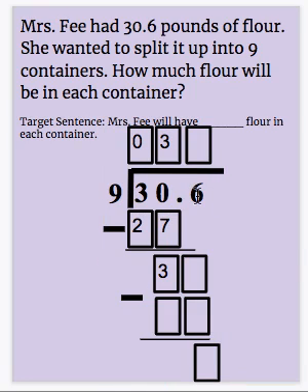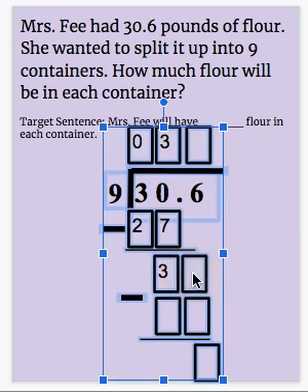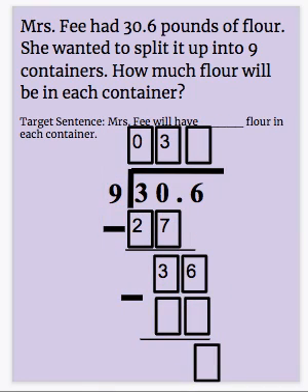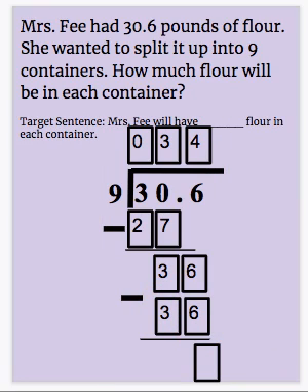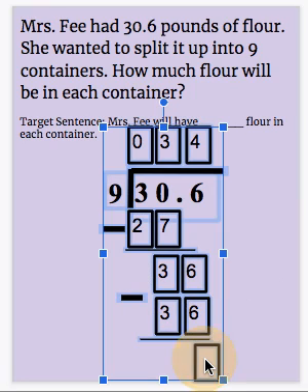Now I need to bring down my 6 here. Now I have 36. I know that 9 times 4 equals 36, so I can place my 4 in my quotient and 36 here. Now I'm going to subtract 36 minus 36, which equals 0.